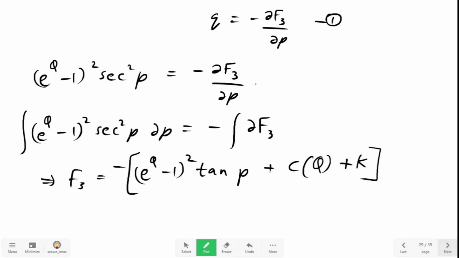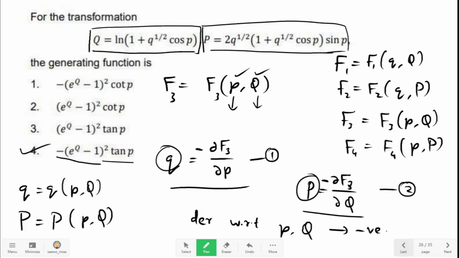But let us find what this c of Q is, whether a function of capital Q is there or not. For that, we will put this f3 that we obtained in the second differential relation.